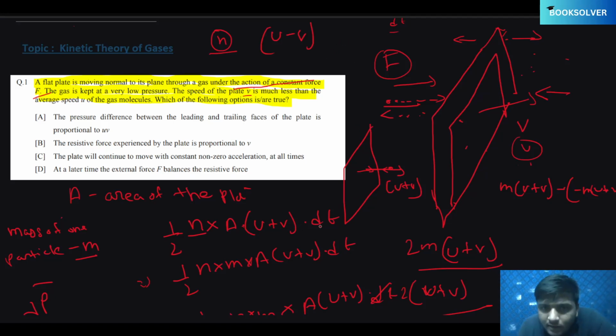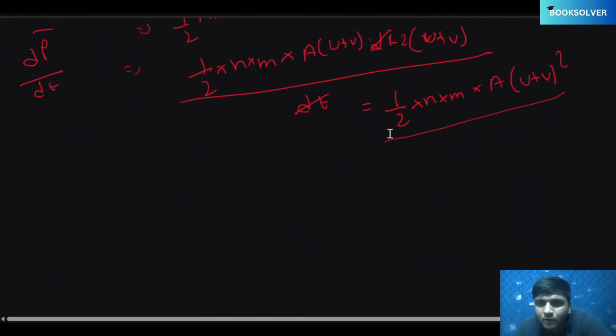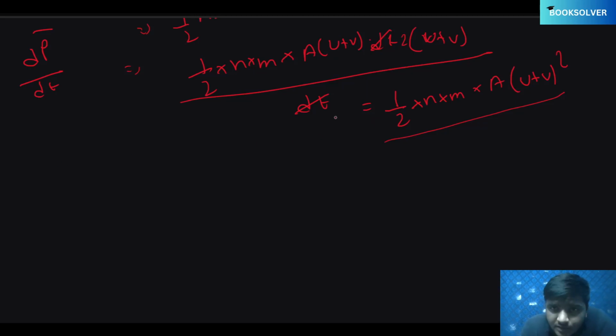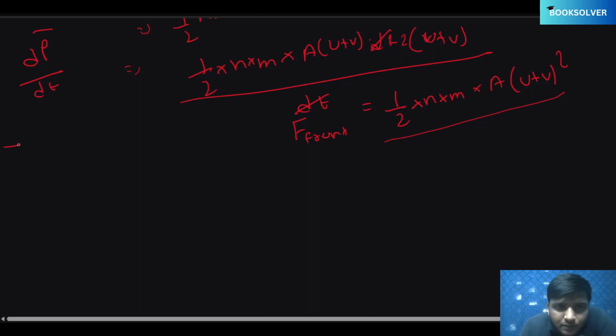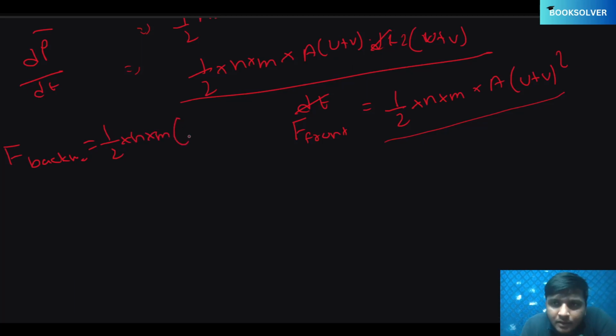So all the calculations will be the same. Instead, what we will get is, this is the force in front side, so force in front, and what will be the force at backward side? It will be nothing but half into n into m. The only change we will get is (u minus v) whole square, into a.